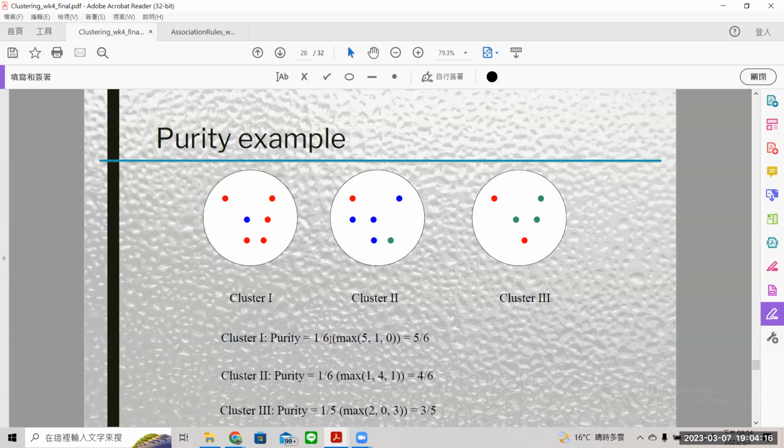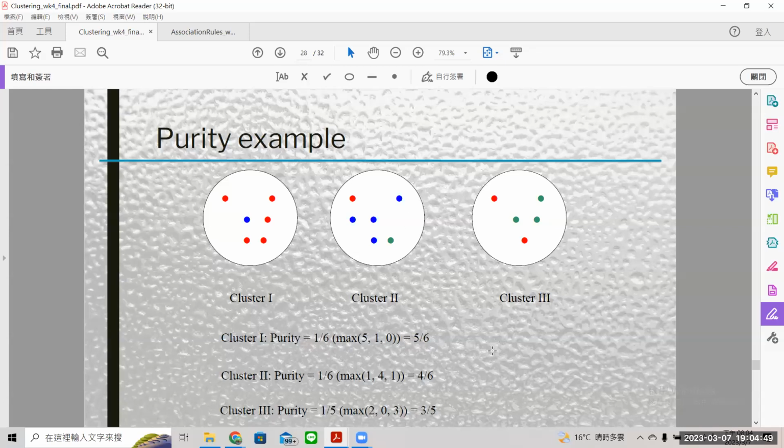Purity is 1 divided by 6, multiplied by the maximum of 5, 1, and 0. Red is 5, blue is 1, and green is 0, no green. So if we call cluster 1 the red cluster, its purity is 5 divided by 6.